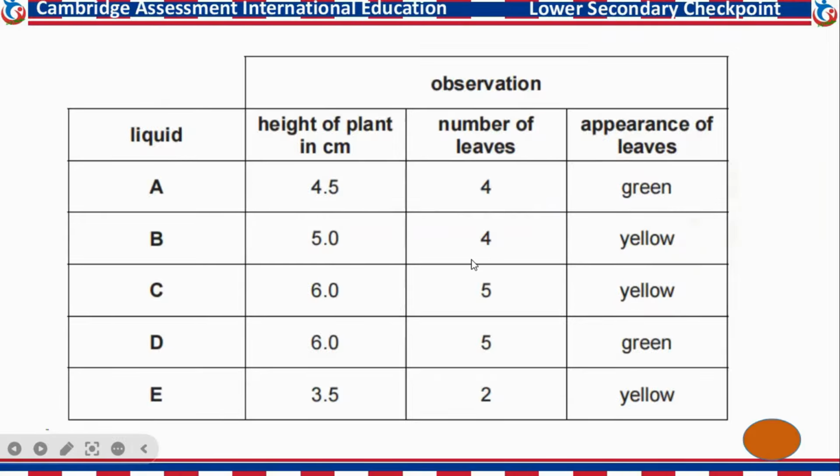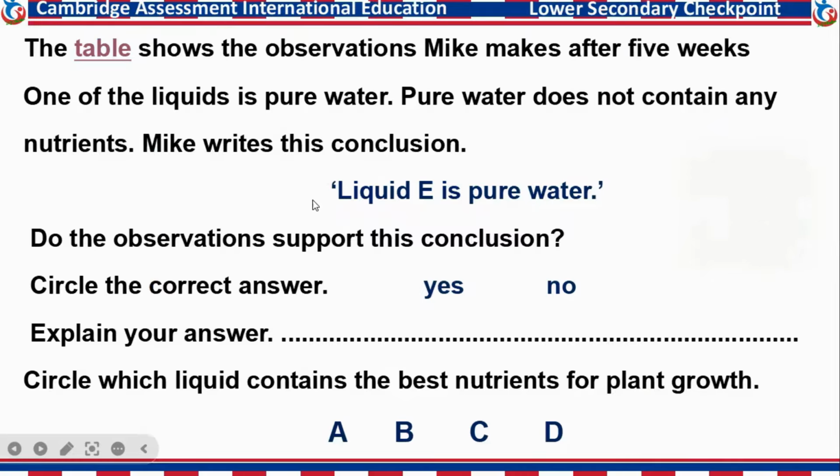After measurement, the number of leaves was also observed, then the appearance of the leaves, the colors of the leaves were also observed. Now one of the liquids is pure water. Pure water does not contain any nutrients. Mike writes this conclusion. He says liquid E is pure water.